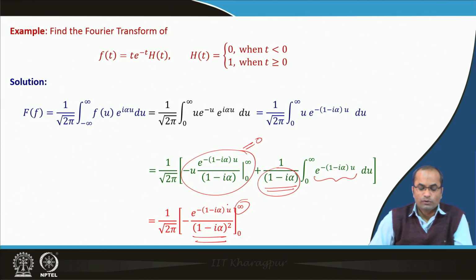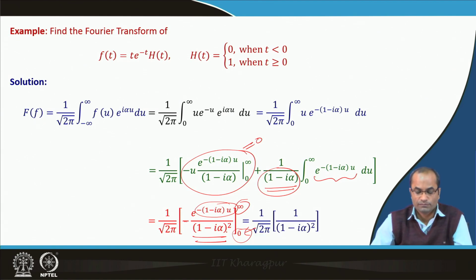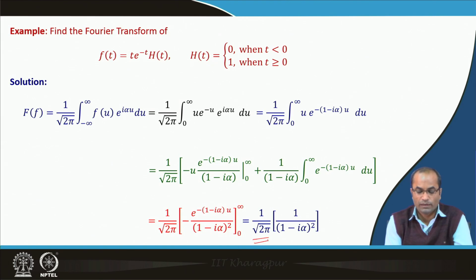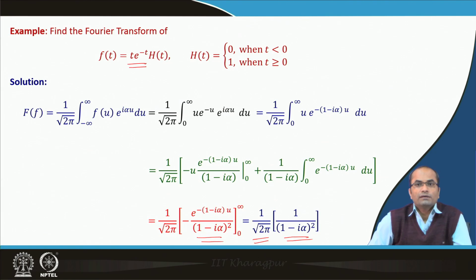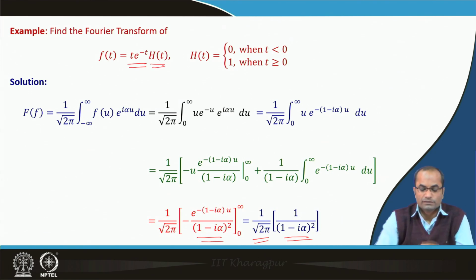Again, when u approaches infinity, this will go to 0, and the only term we will receive is when u approaches 0. Here e^0 will be 1, and the minus sign will be compensated, and we have 1 over square root of 2 pi times 1 over (1 - i alpha) whole squared. So this is the Fourier transform of t e^(-t) times the Heaviside function.